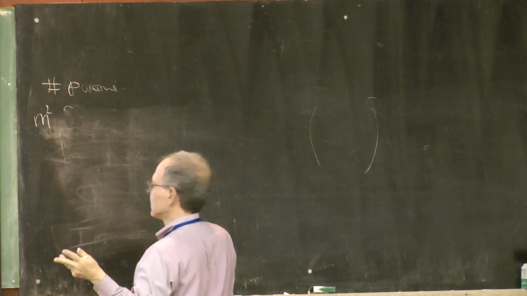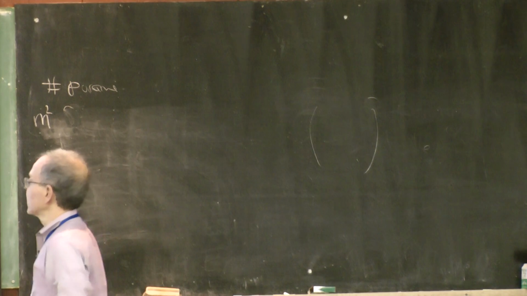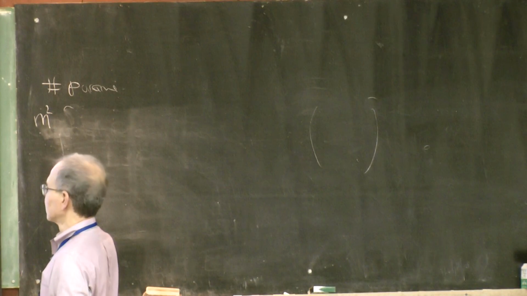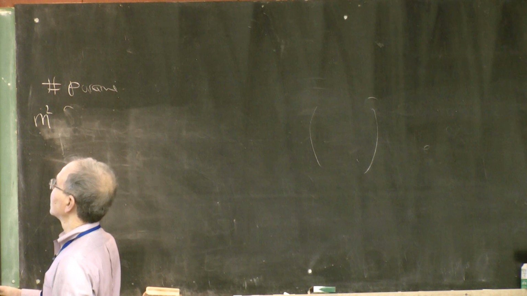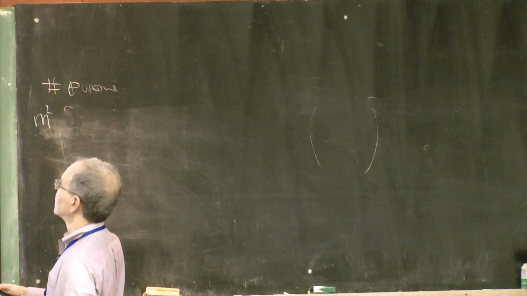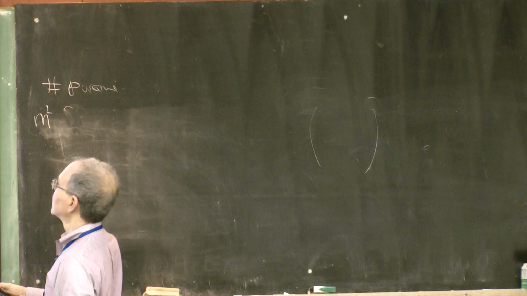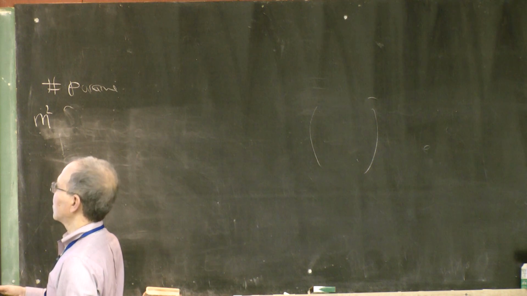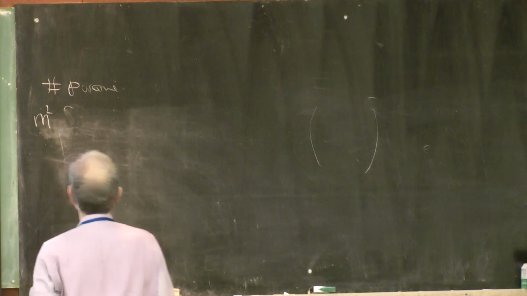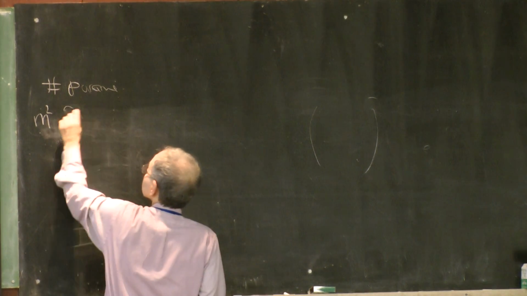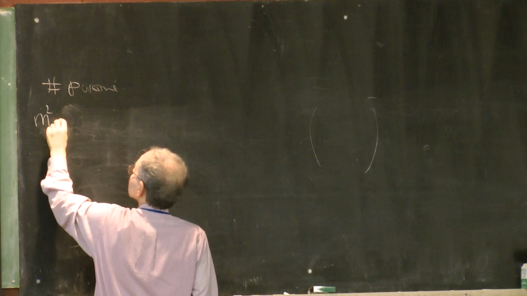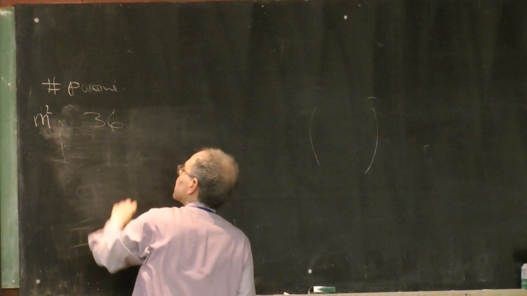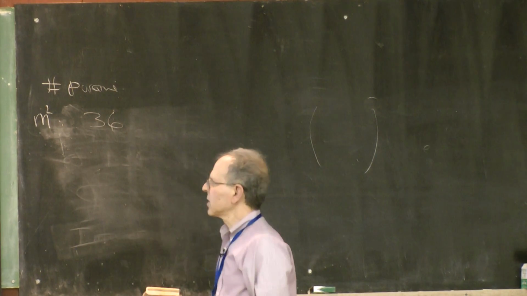I'm worried, so I'm going to make sure I don't make a mistake. Am I leaving anything out? I have q, u bar, d bar. I'm sorry, l and e bar. That's right, 4. So 4 times 9, which is 36.